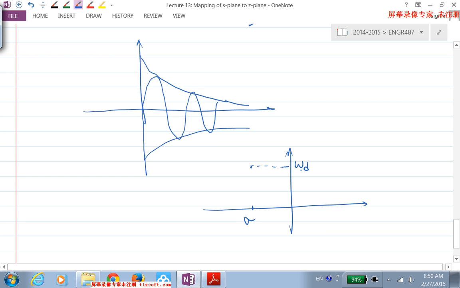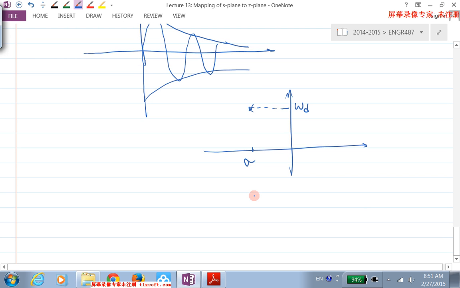Complex poles always appear in a pair as conjugates, so your other pole is at here.